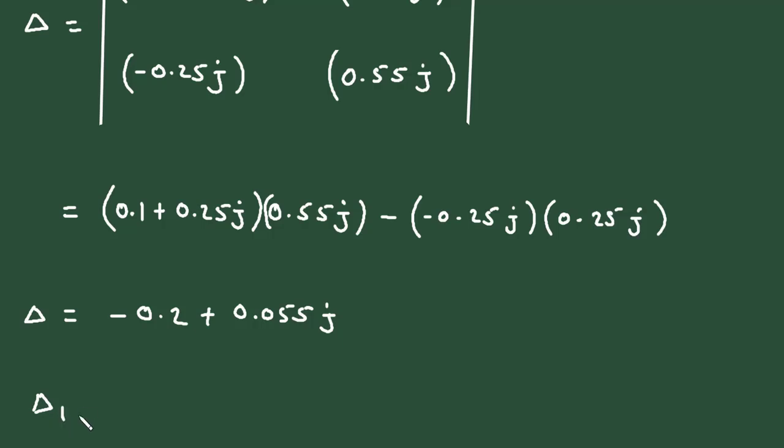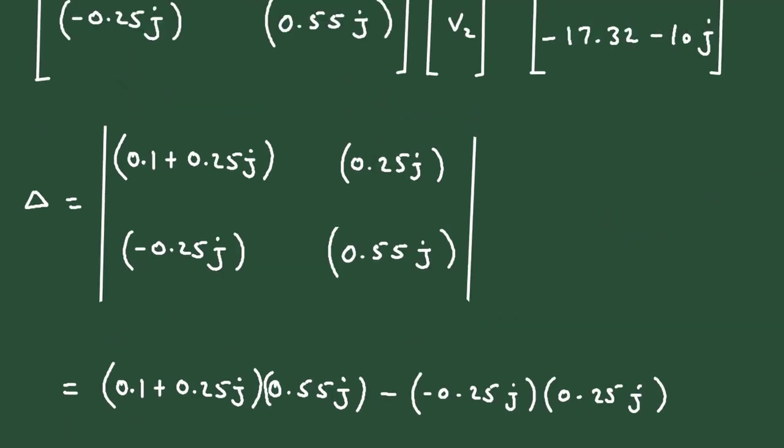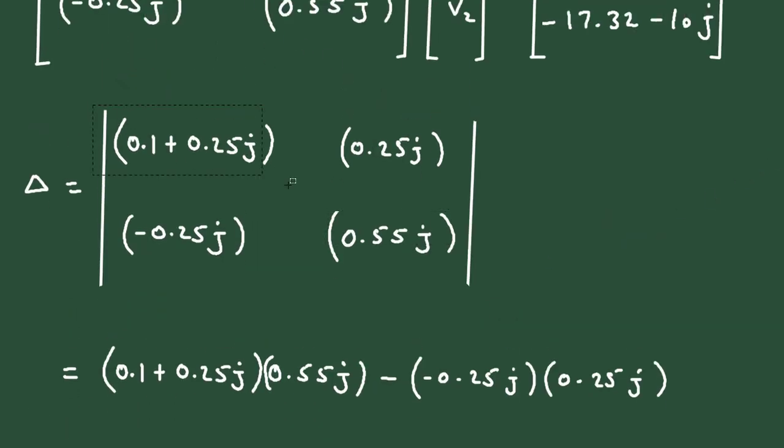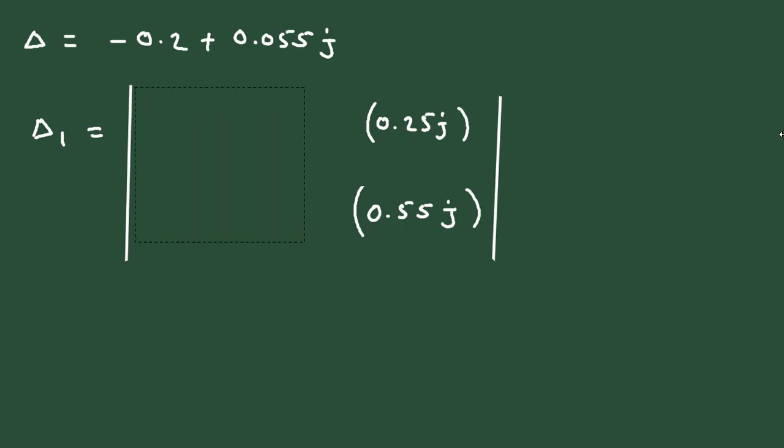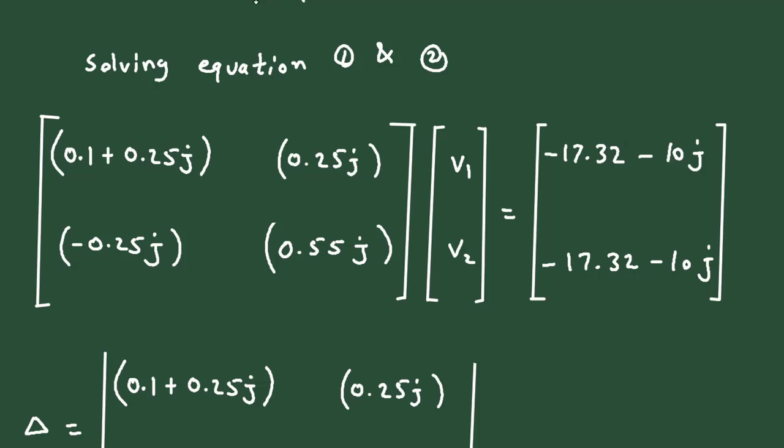Then next we have to find the value of delta 1. So for finding delta 1, again we have to take the determinant of this matrix, but this time we have to replace its first column by this value. So let's take it from here.